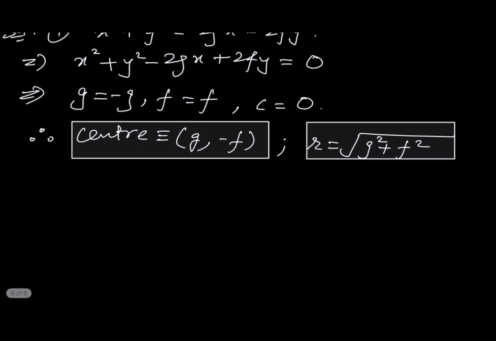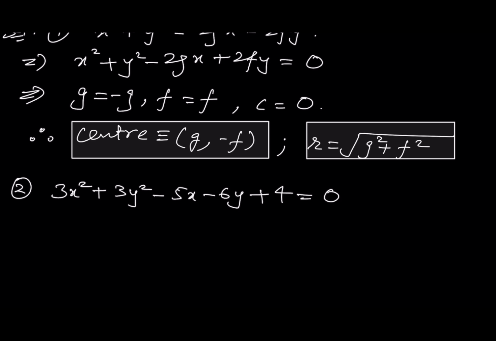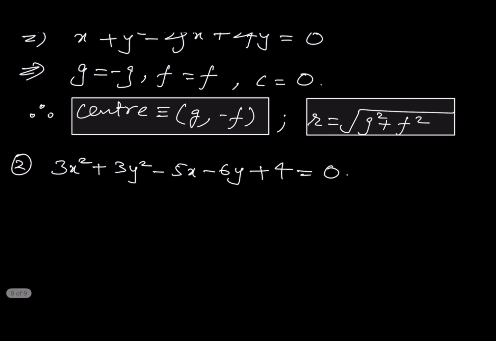Now let us come to second part, which is 3x square plus 3y square minus 5x minus 6y plus 4 is equal to 0. So this is not in standard form for a circle because to give center and radius we have to make coefficient of x square and y square as unity, right?